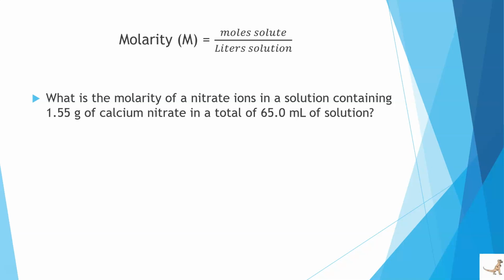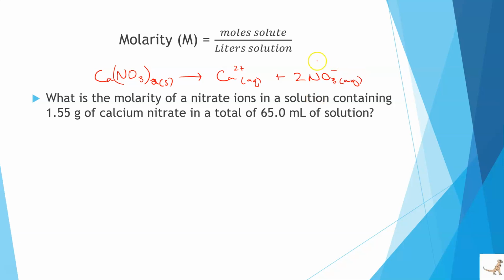So I need to remember that calcium nitrate is going to dissociate. Here's my dissolving process for calcium nitrate: Ca(NO3)2 solid forms a calcium ion and 2 nitrate ions.